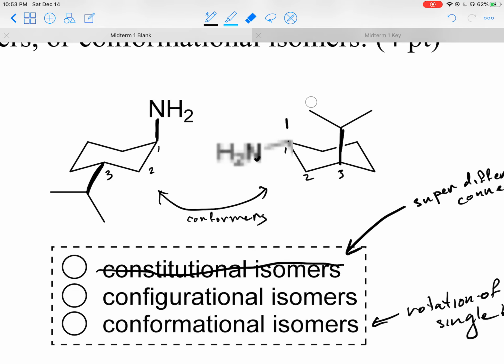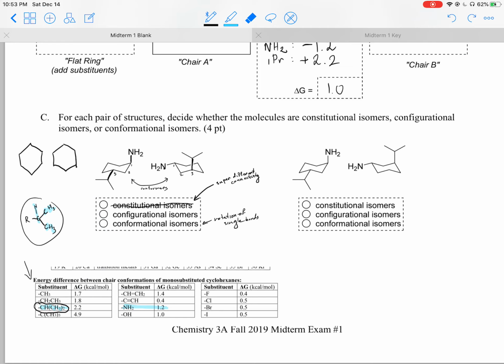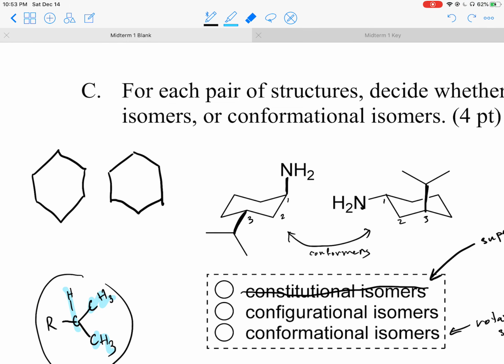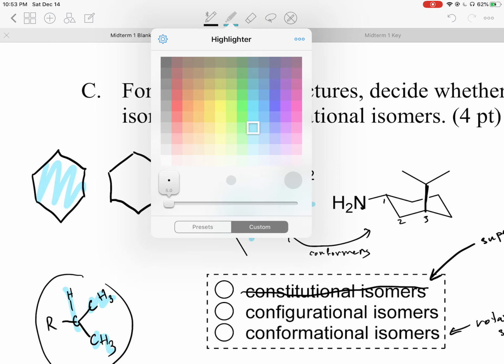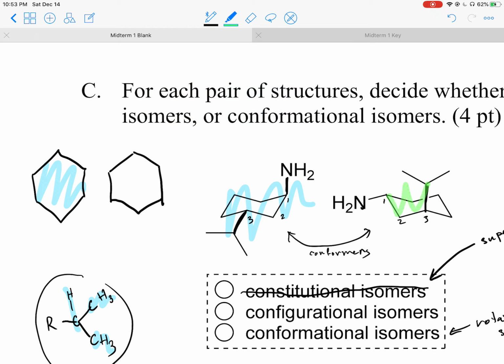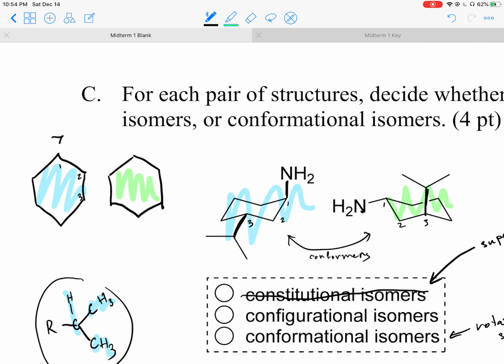Here, let's draw these normal ones, not the chair conformations. This will be the blue one, and this will be the green one. So let's call 1, 2, 3. NH2 is going to be up, wedged, and isopropyl is going to be down.